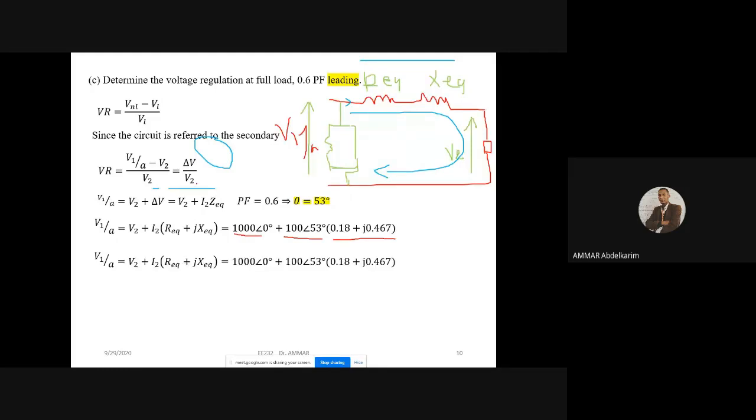Honestly, I'm not so good at calculating complex numbers, so you should verify those calculations with me. I tried to write it step by step. This is the rectangular form of the current, the value of the current in complex form. Then this is the result.